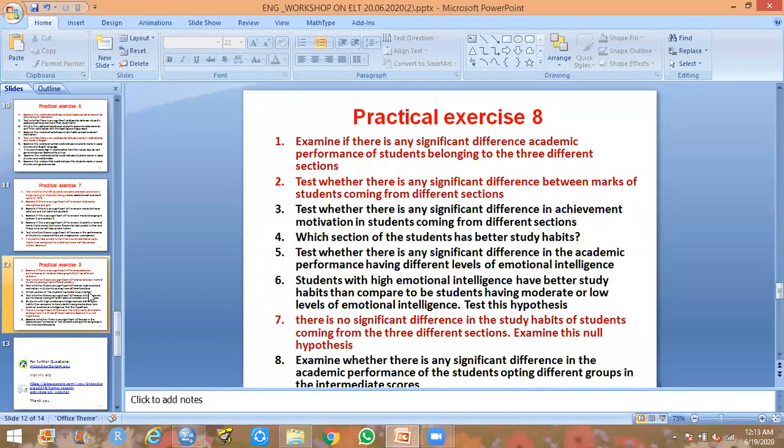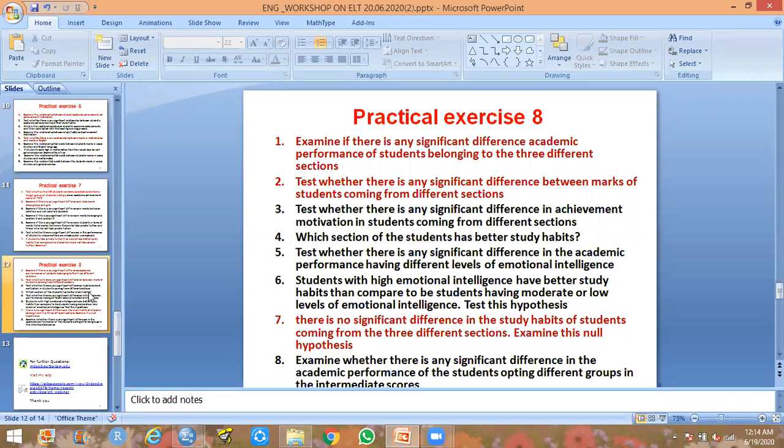Now, this is more than two groups. If you have more than two groups, then we go for analysis of variance. The ANOVA technique will give you how to test the significant difference in one variable, that is academic performance, among three or more groups.